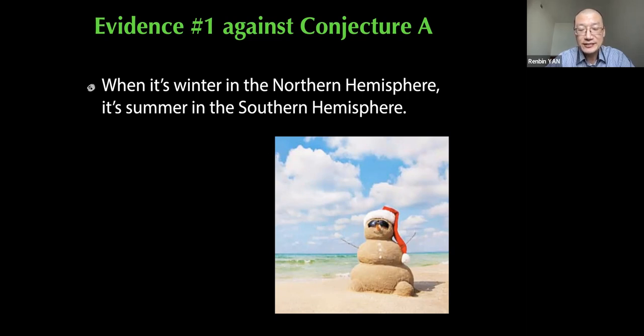Conjecture A says that we have winter when the Earth is further away from the sun, and we have summer when the Earth is closer to the sun. But that cannot be right if the two hemispheres are having opposite seasons, right? So this is the simplest evidence against conjecture A.